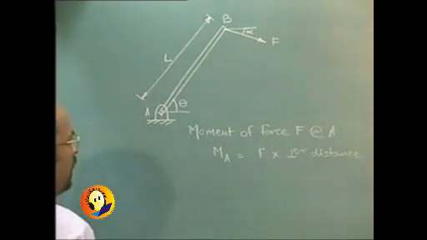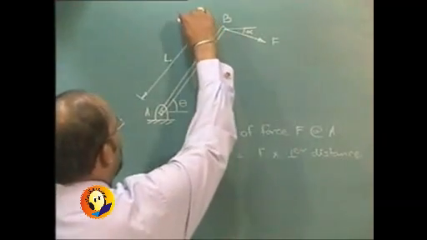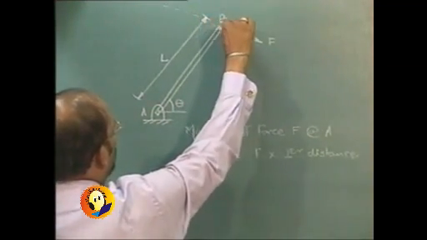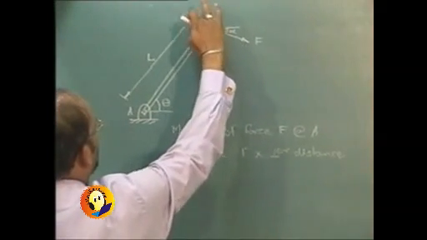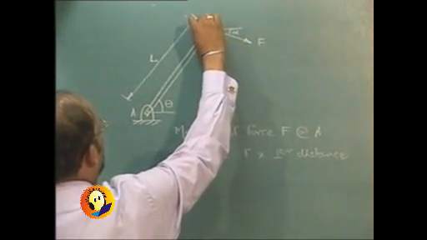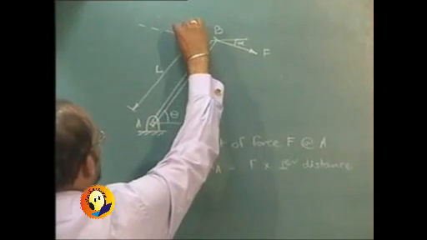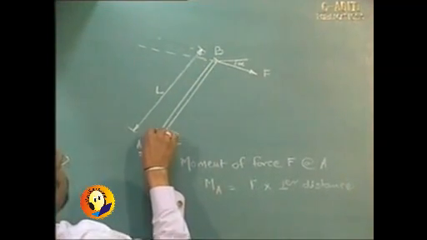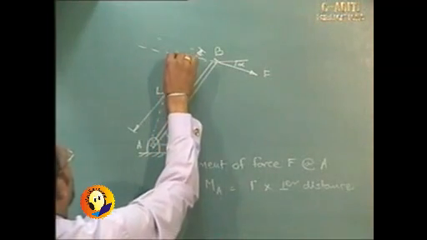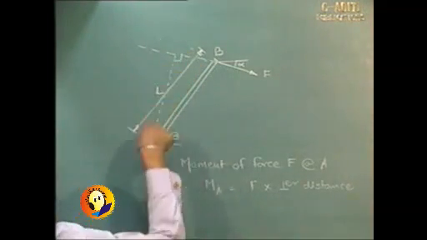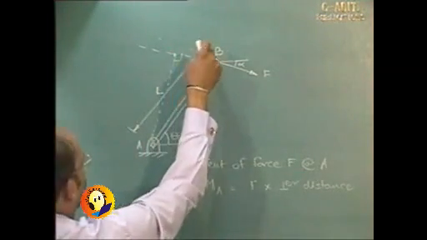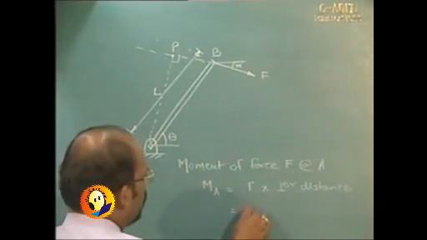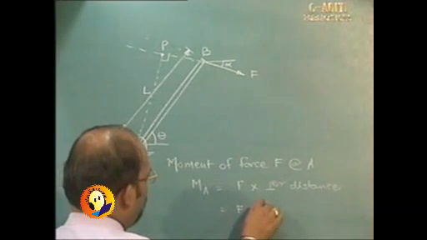So it is going to be F into perpendicular distance, and we are required to drop perpendicular on the line of action of this particular force. So we will be dropping perpendicular on to this line of action of force, and if this distance is known to us, let us call this point as P, then it is going to be F into AP.